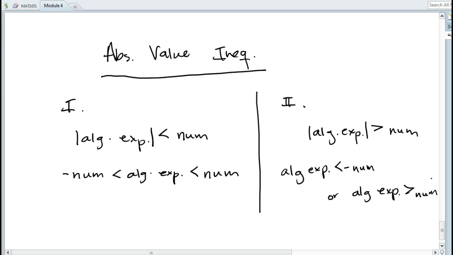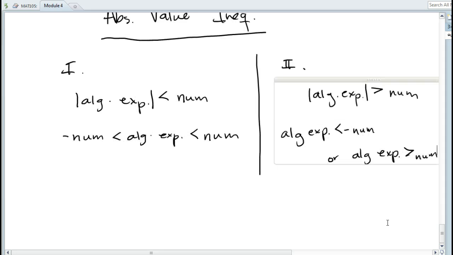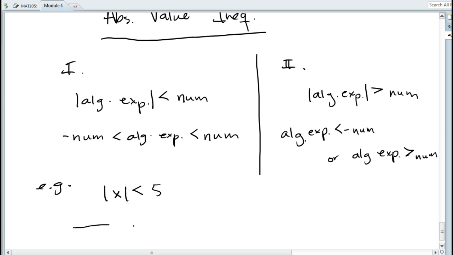I know that seems kind of cheesy, but it'll just help you realize how to apply these with algebraic expressions rather than numbers. But some basic examples, say we have the absolute value of x less than 5. Well, the only way that's going to happen is if your numbers are trapped between positive 5 and negative 5. All those values.